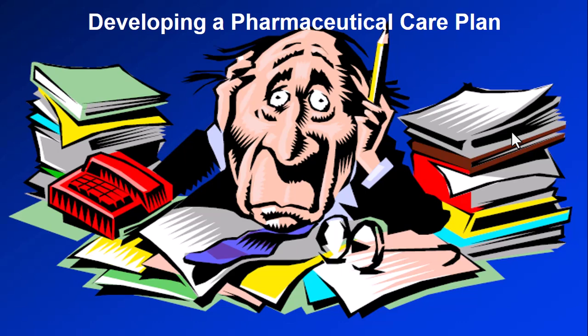So we see that when you're developing a pharmaceutical care plan, you have to document it. For most patients, you need to document it so that you are able to follow it up, intervene on what you have done, and have a decision made.